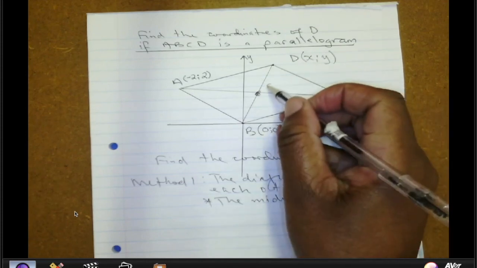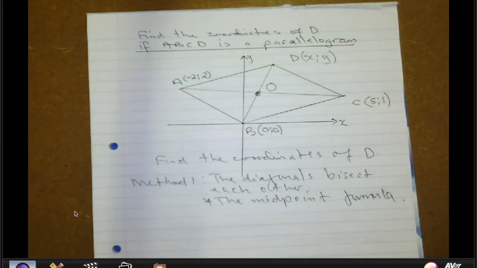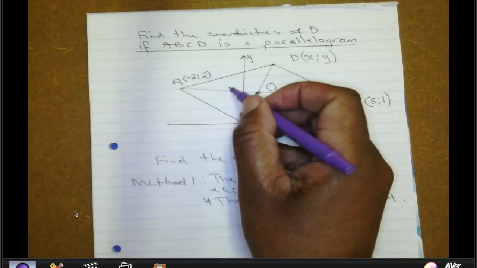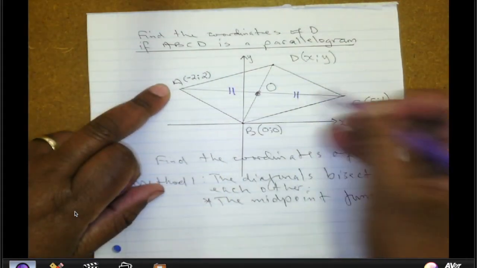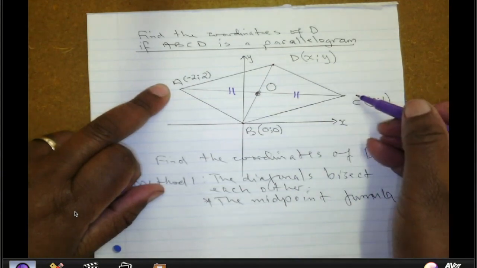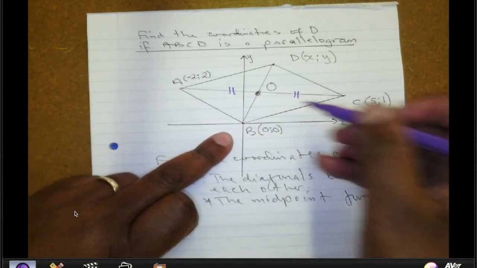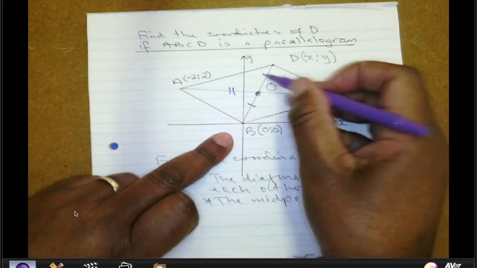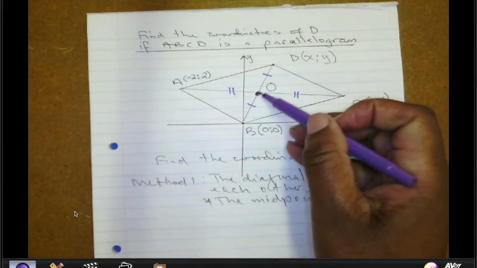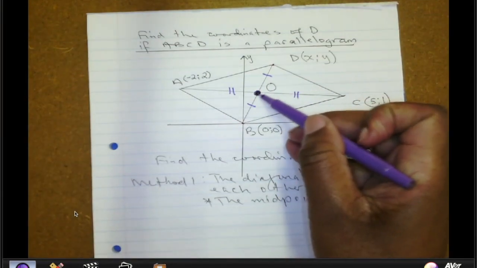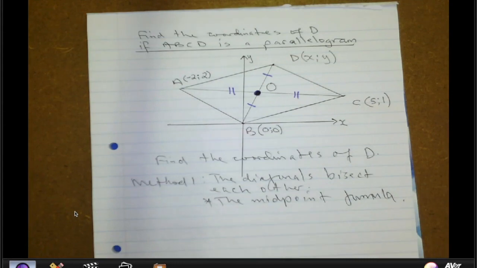Maybe let's call that point O. And so we know that the distance between A and O should be the same as the distance between O and C. Similarly, BO should be equal to OD. You will notice that these two diagonals share the same midpoint. So that point O is the midpoint of the two diagonals.